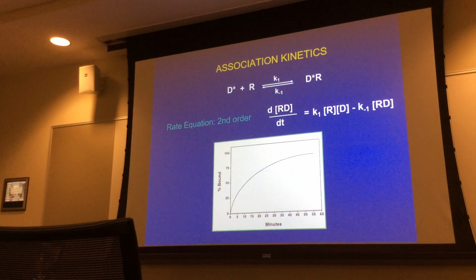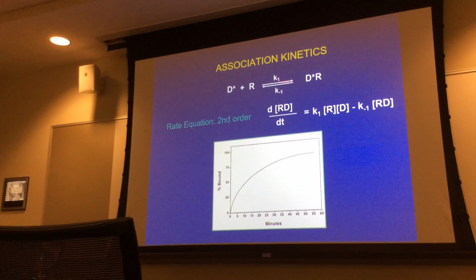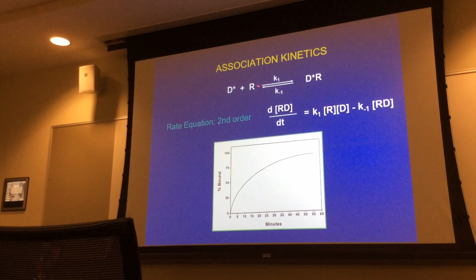Association is more complicated because it is actually a second-order equation. It involves two variables and more complex kinds of approaches. Here is the association reaction. You have the radiolabeled drug plus the free receptor.